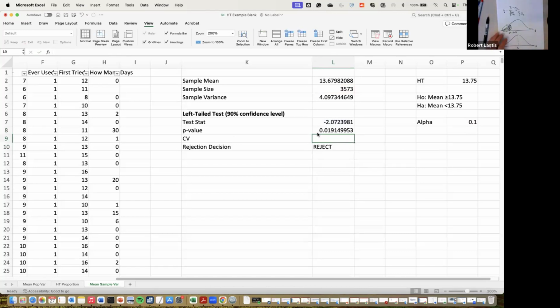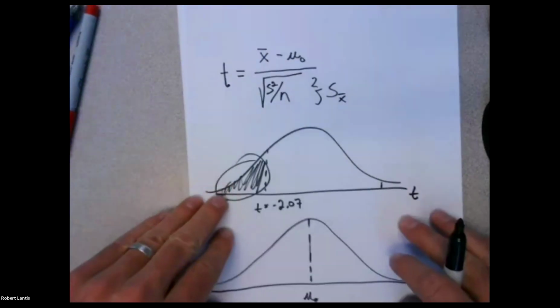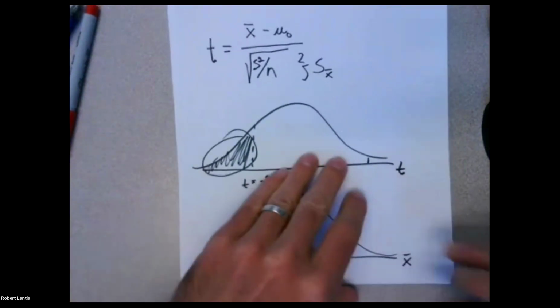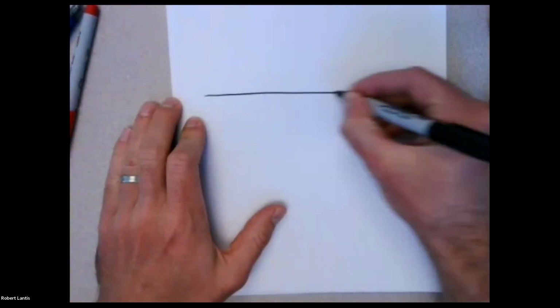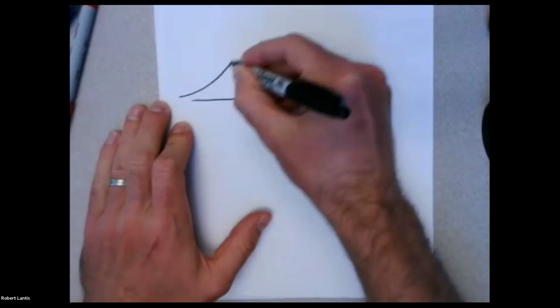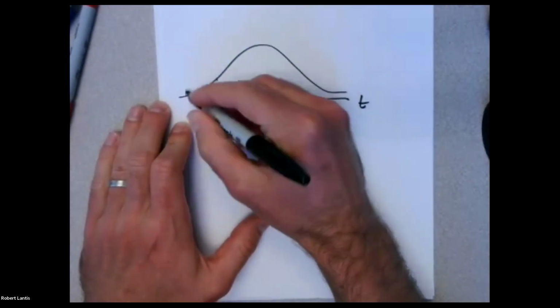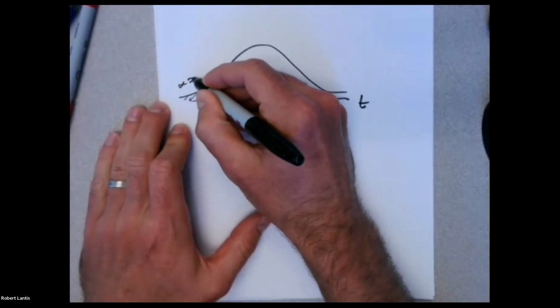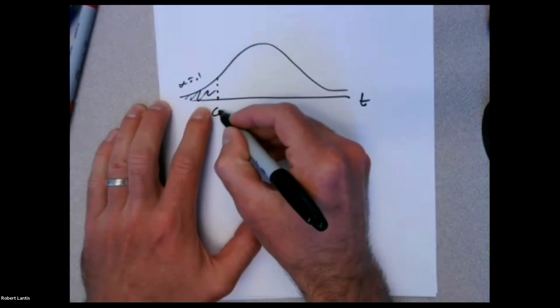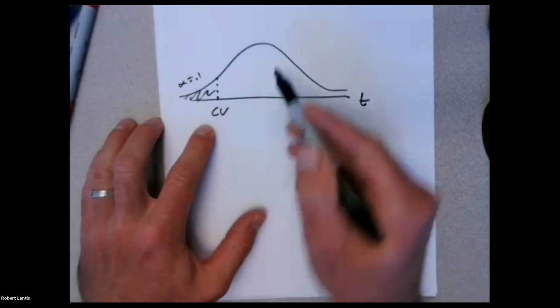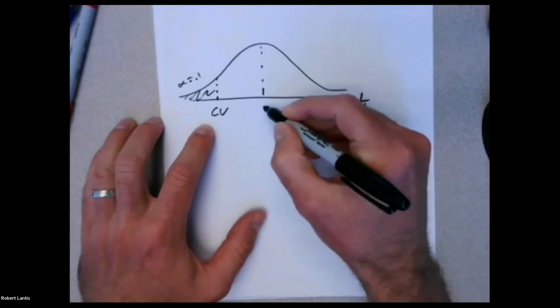Now, if I want my critical value for a left-tailed test, it's going to be, okay, what t-value would give me a total of alpha in this tail? So for a left-tailed test, I know that my student t-distribution is centered around 0.